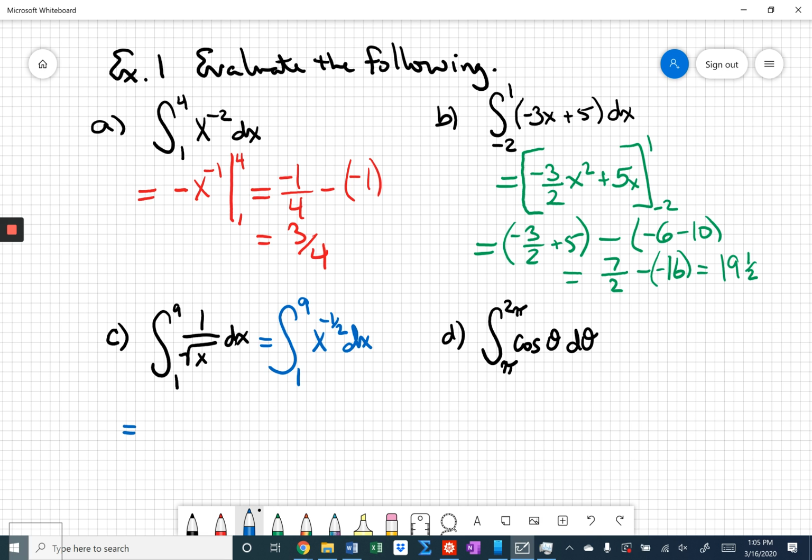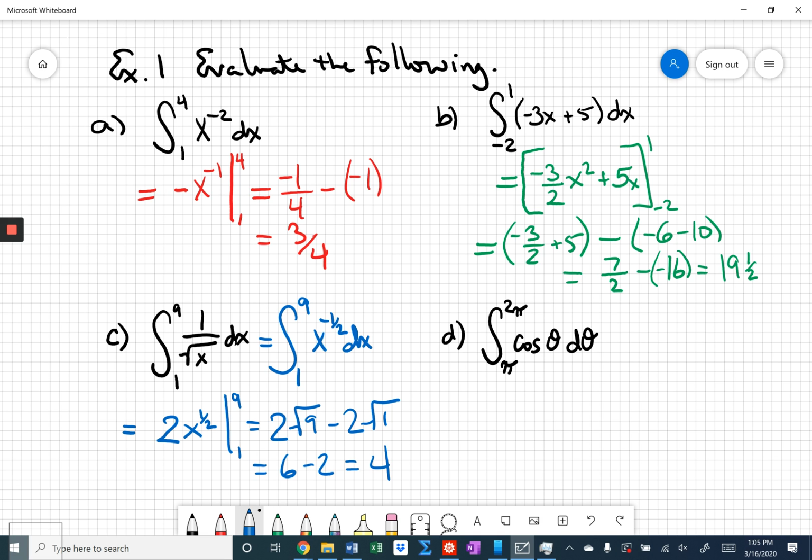I add 1 to get a positive 1/2 exponent, and then I have to divide by 1/2. Dividing by 1/2 is the same as multiplying by 2, so this is 2x to the 1/2, evaluated from 1 to 9. Plug 9 in, so it's 2 times the square root of 9 minus 2 times the square root of 1. The square root of 9 is 3, times 2 is 6, minus 2, and this works out to be 4.